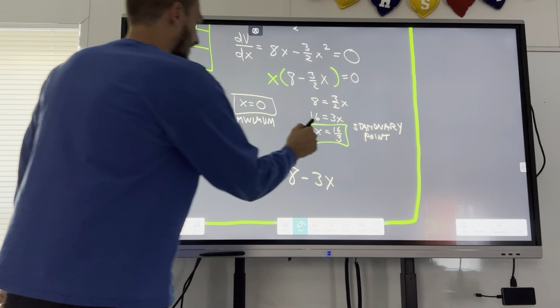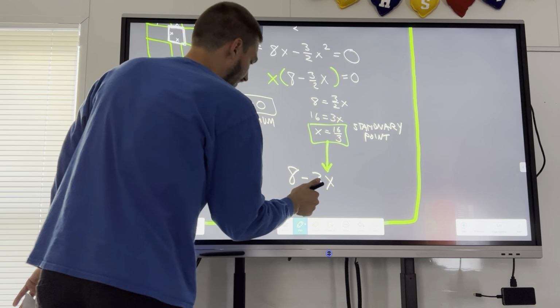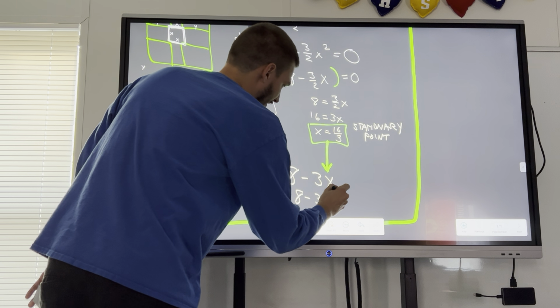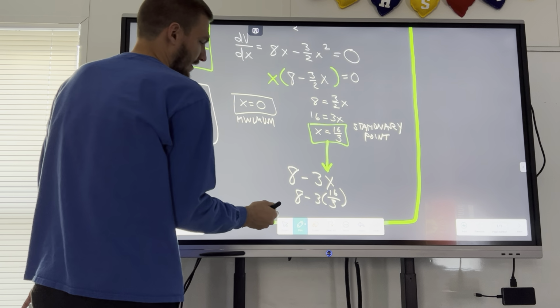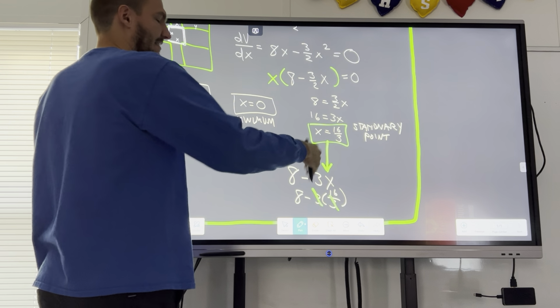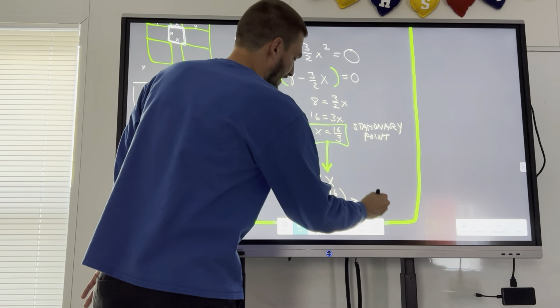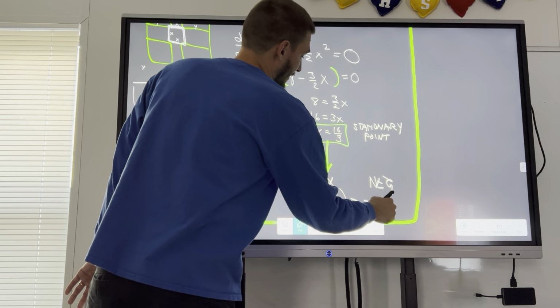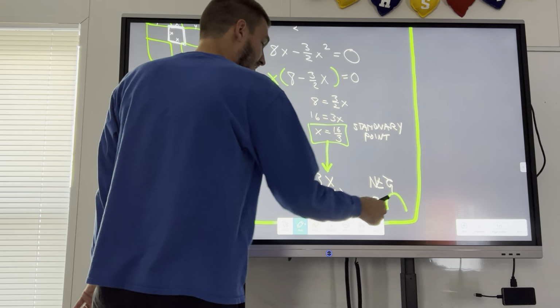So, I'm going to take this x and plug it in. I'm going to get 8 minus 3 times 16 over 3 times 3 divided by 3. Those are going to cancel out. 8 minus 16 is negative 8. So this is negative. This is concave down.